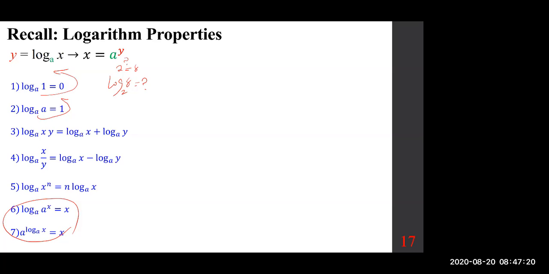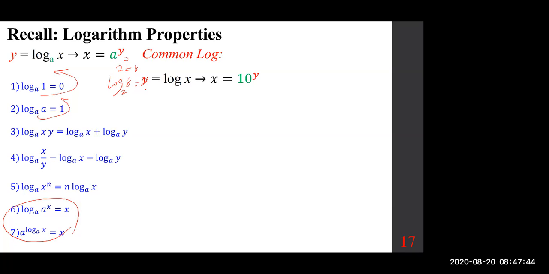Now I'm going to show you the same thing for common log and for natural log. What I'd like you to do at home is see if you can produce that on your own. You have the answers here, but you really need to practice. I know in the past, students have had quite a bit of problem with logs. So here's the common log. All you have to do is change the base to 10.